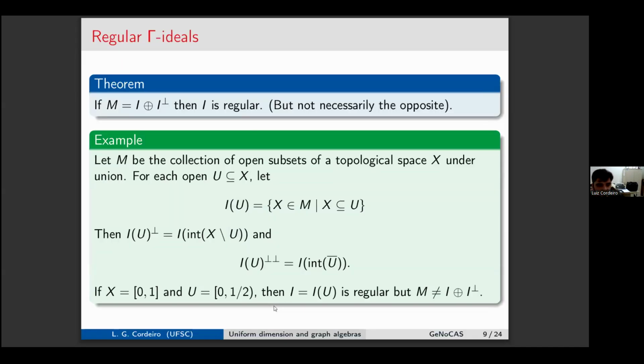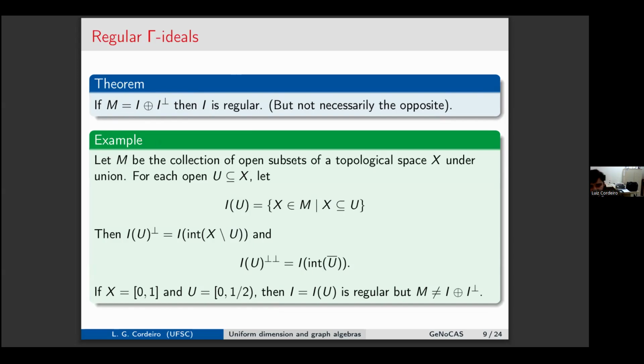And we managed to prove a nice little theorem that states that if M is decomposed as the direct sum of an ideal and its annihilator, then the ideal has to be regular, but not necessarily the opposite. An ideal might be regular, but the whole monoid need not be decomposed as the direct sum of it and its annihilator. And here's an example of that.